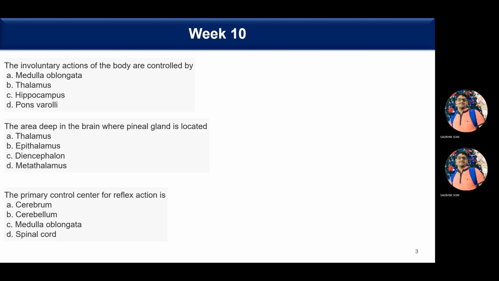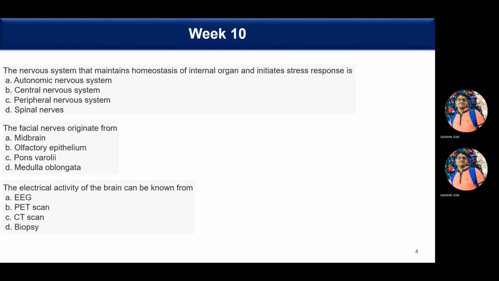The nervous system that maintains homeostasis of the internal organs and initiates stress response: autonomic nervous system, central nervous system, peripheral nervous system, or spinal nerve.